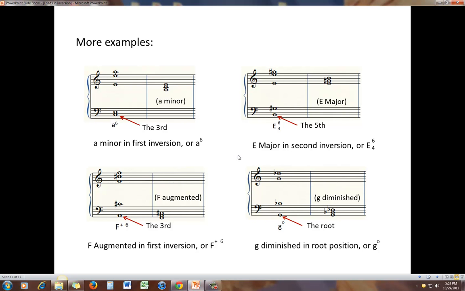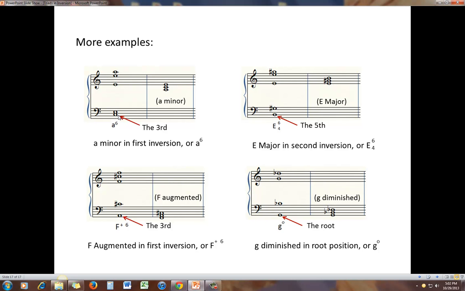Here are some more examples. In this example, we have a C and an E and an E and another E and an A. So when this is all squished down into a root position triad, we have an A, C, E, or an A minor triad. Once you have that determined, go back and look at the low note.